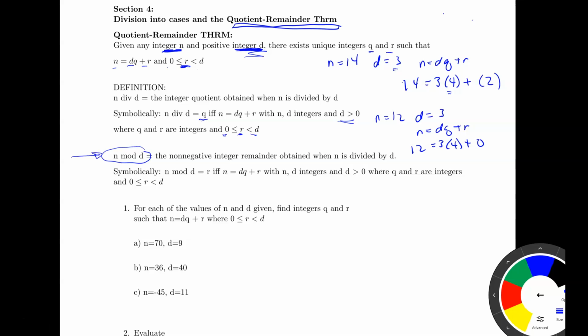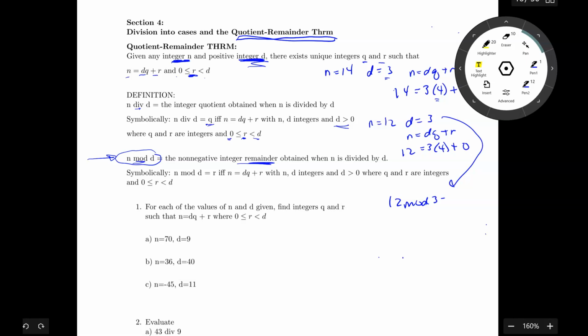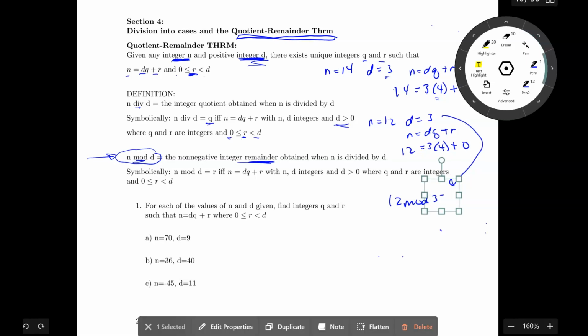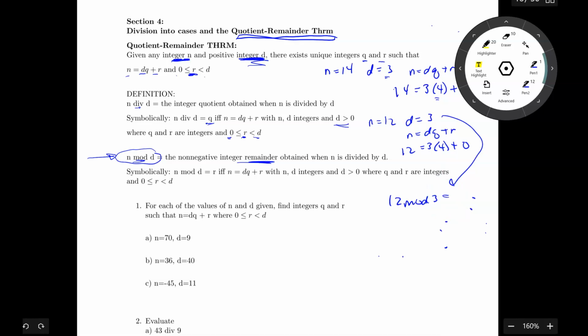Okay, so this we're going to use a lot in coming days. Not so much the div for the q. So n mod d. So mod is going to talk about what the remainder is. So if I'm looking at this example here, 12 mod 3 is 0 because the remainder is 0 when I take n and take out the multiples of d.